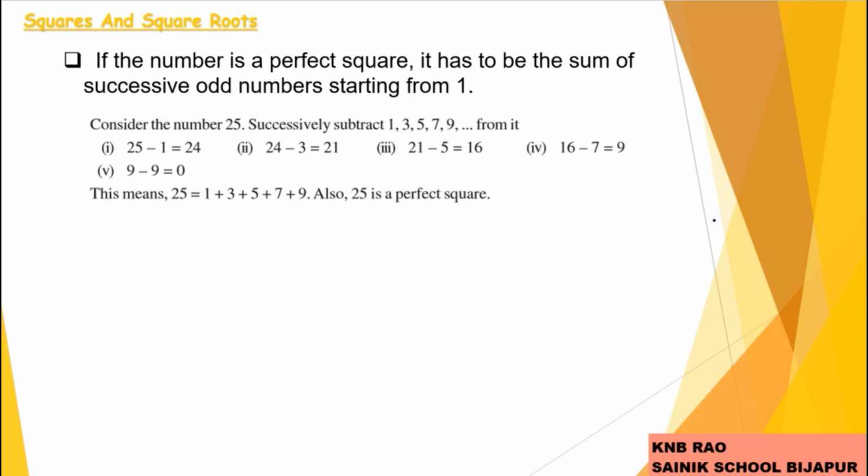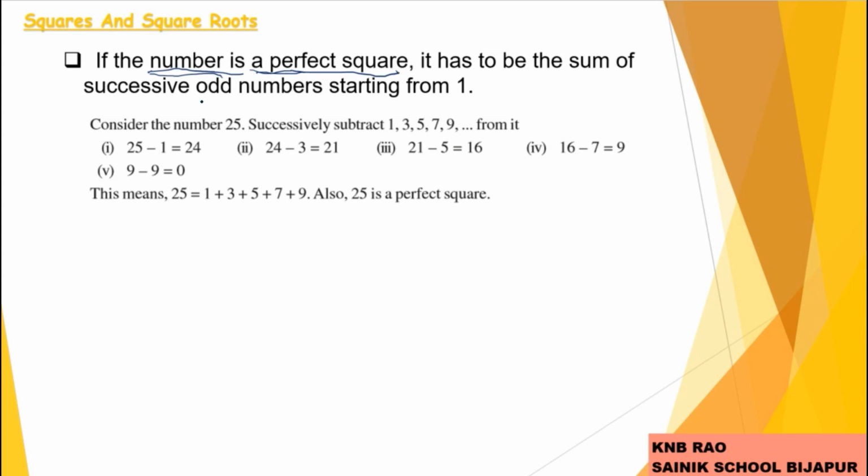As I said, the pattern we have learned, the sum of the first n odd natural numbers is n square, will help us in checking whether a given number is a perfect square or not. It is one usage of that pattern.